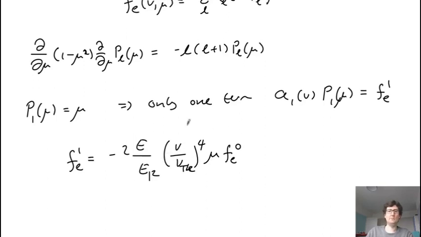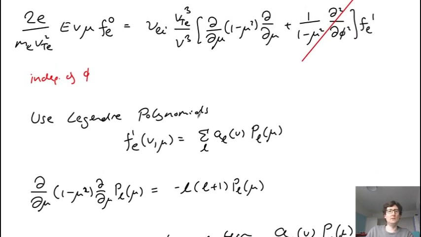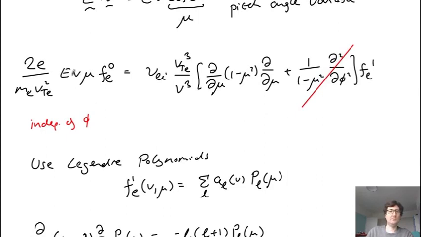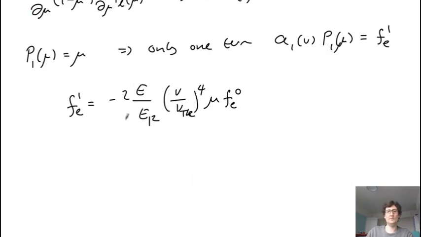And that v to the power 4 has come from, let's see here, here we have a factor of v, and here we have a v cubed, so multiplying through by that we just get v to the 4. Here again you have a v thermal squared, which gives you part of here, and here you have v thermal. One of those goes into the E_R, and these three, and one of these goes into becoming a v_te to the 4. And so I end up with this expression here.